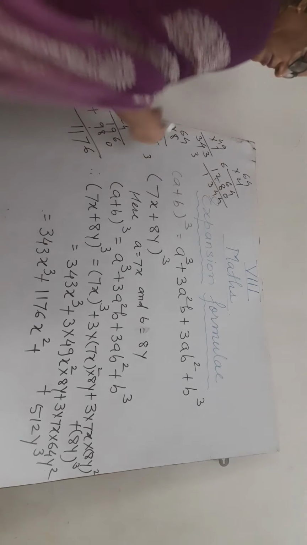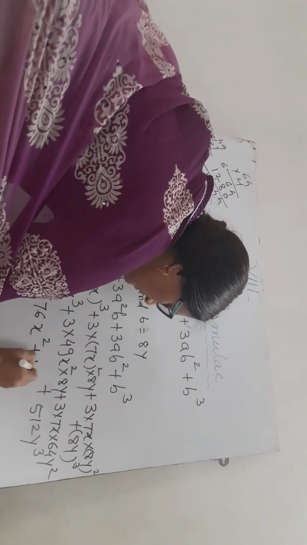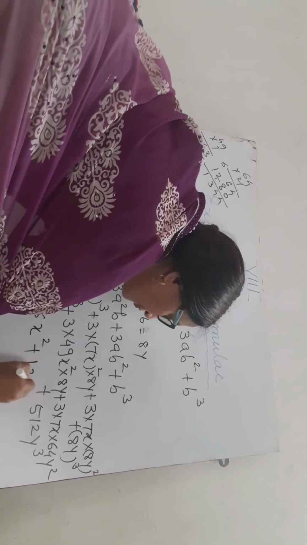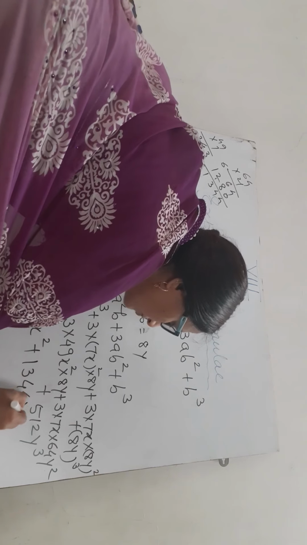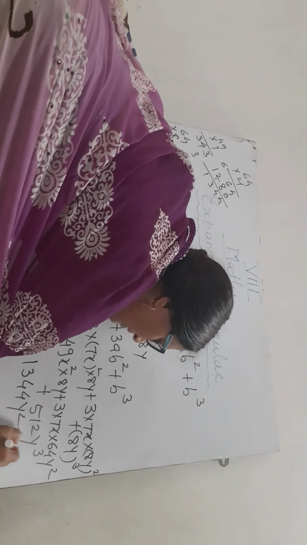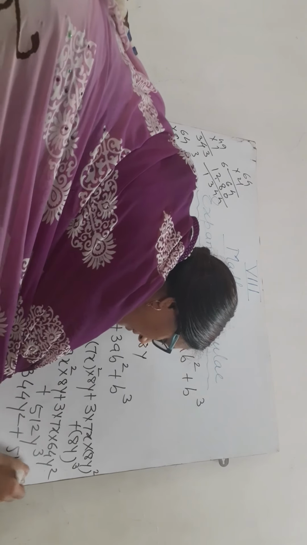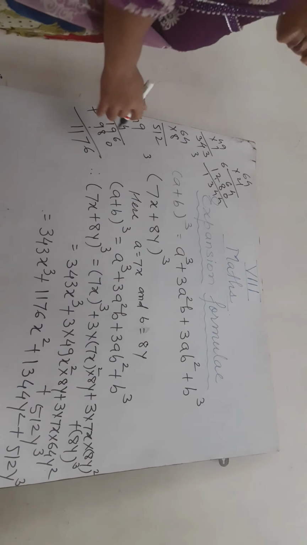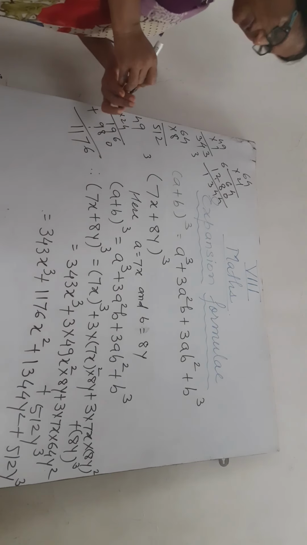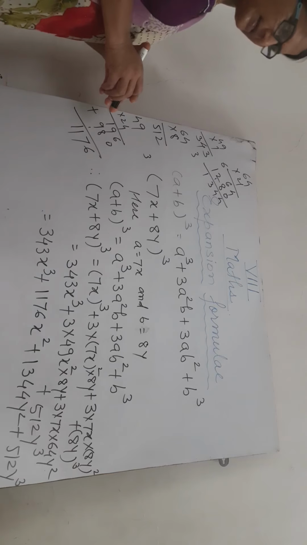Is it correct? 1344 y square plus 512 y cube. Got it? Like this you can solve the exercise.